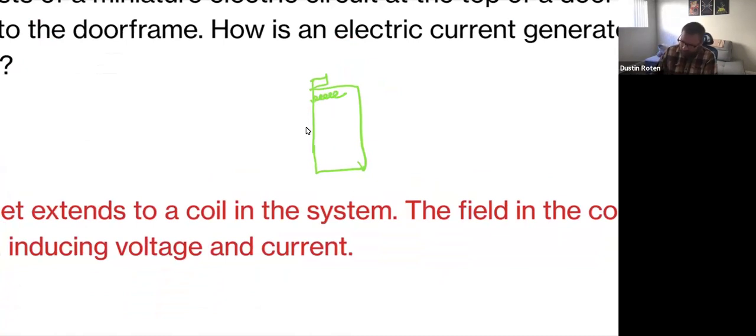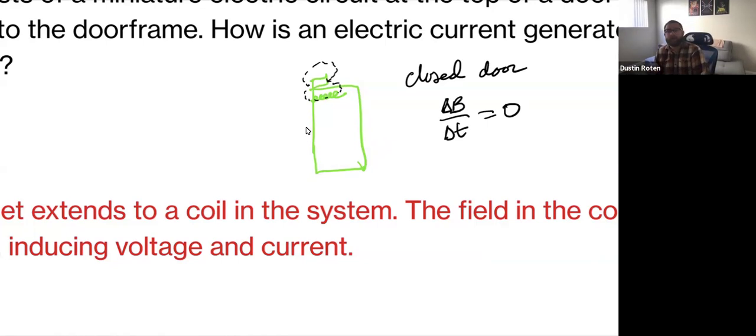What's going on is essentially we have a magnetic field from the magnet, and when the door is closed, nothing's happening. Everything's static, nothing's changing. We have no rate, right? So there's no induced magnetic field, there's no current.